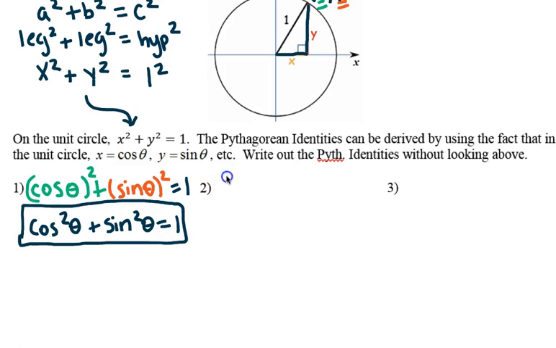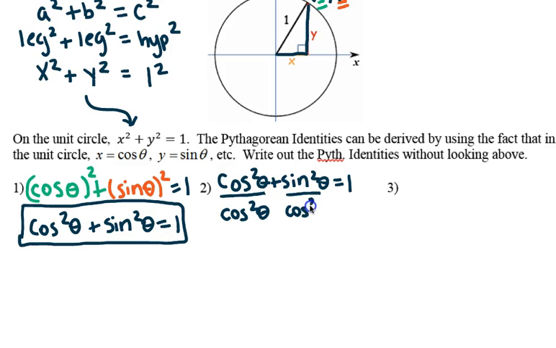So let's just start out with that cosine squared theta plus sine squared theta equals 1. Okay. What I'm going to start with is just dividing everything by that cosine squared theta. Okay, so cosine squared theta divided by cosine squared theta, that's just going to be 1.